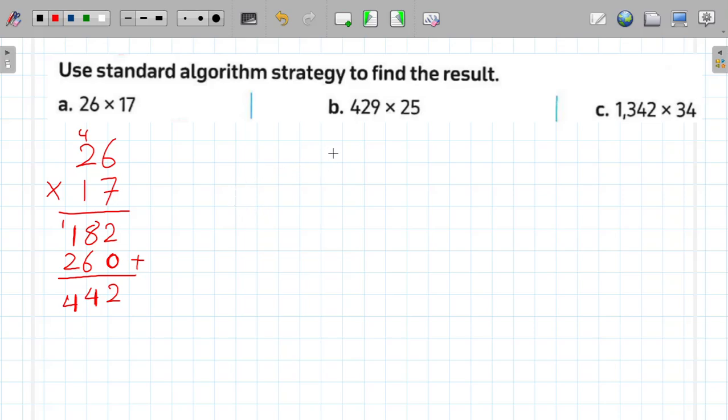Okay, the next one I have 429 times 25. So I will write the big number first, and the small number is the second number. So I have 5 times 429. So 5 times 9 equals 45.